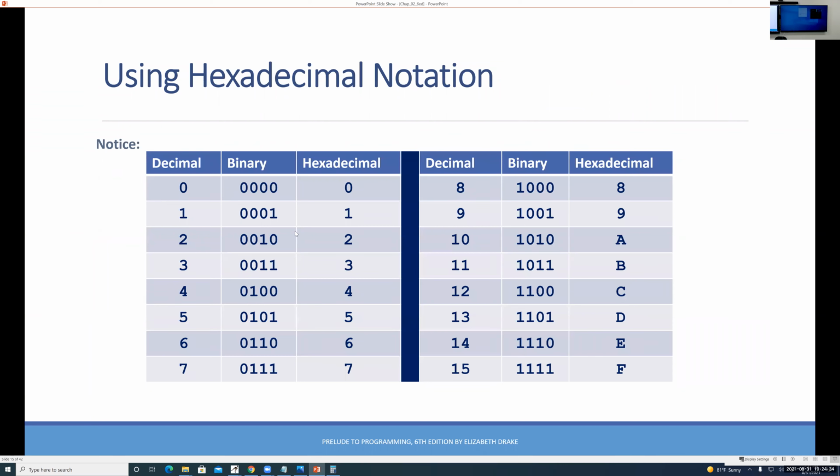Now they're using the hexadecimal notation. Normally, you know that for 1 hexadigit, you have 16 possible values. And in order to represent 16 values, you need 4 bits. You see the formula here: 2 raised to 4 is 16.